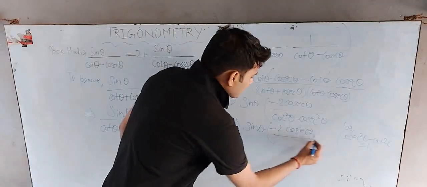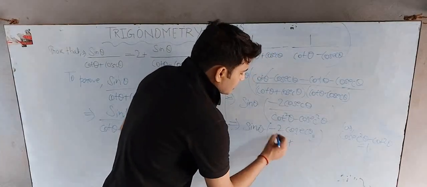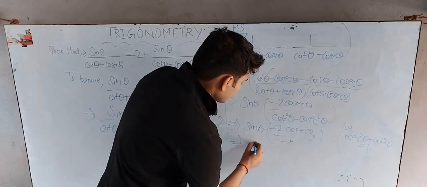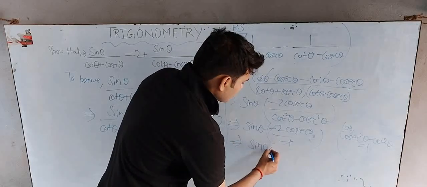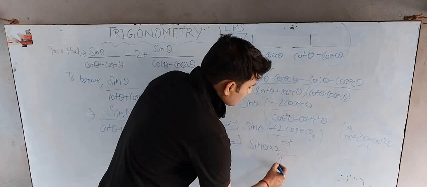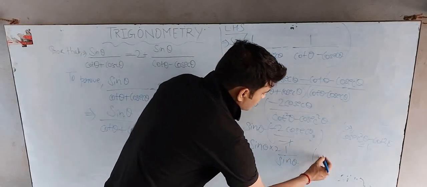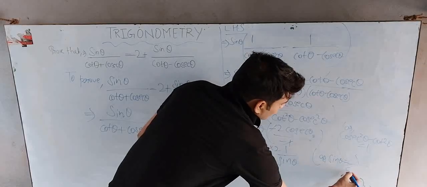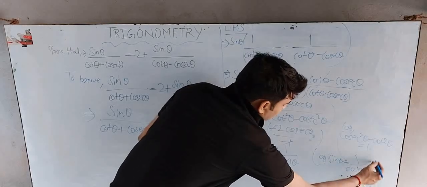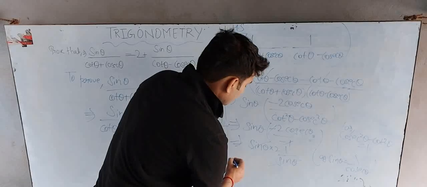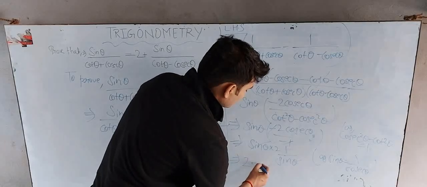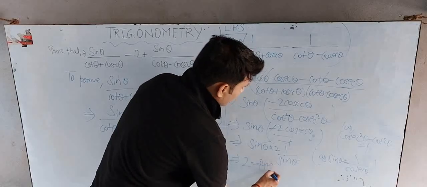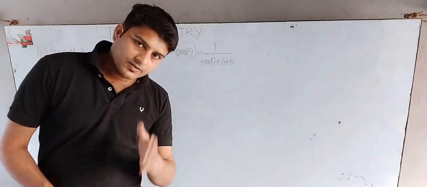So you will write here minus 1. Minus minus cancel. You will get sin theta into 2 into 1 upon sin theta, as sin theta is equal to 1 upon cosec theta. This sin theta will be cancelled. It will be equal to 2, equal to RHS. Hence proved.